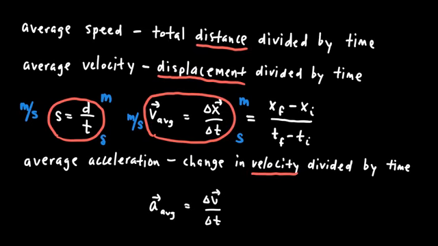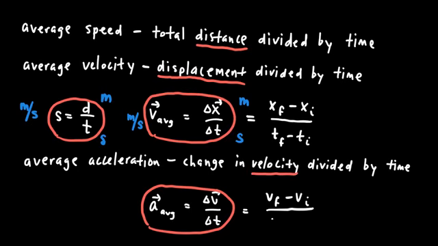So the more quickly that my velocity changes, the greater my acceleration. And that's why when I calculate an average acceleration, I use two different points with two different velocities, initial and final, at two different times in order to calculate an average acceleration.